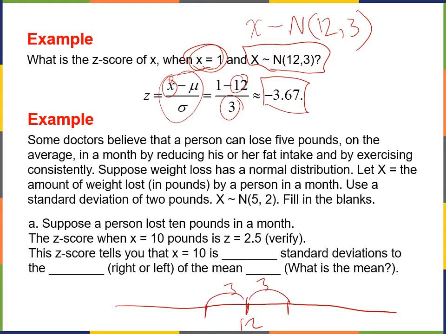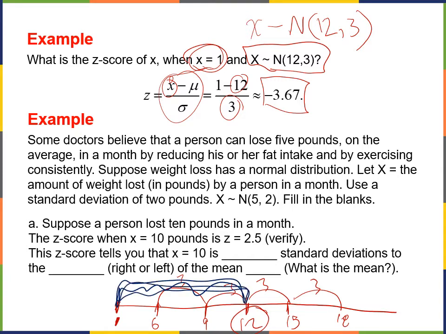So that would put me here at 9 and 15, would be 1 standard deviation away. Another 3 units away would be 6 and 18. And these are 2 standard deviations from this mean, and so on. But if I have a value of 1, which is all the way down here, in terms of the standard deviation, it's not a whole number of standard deviations away.